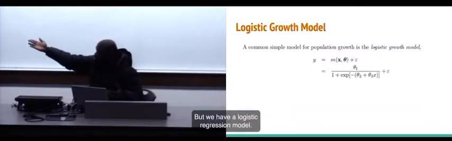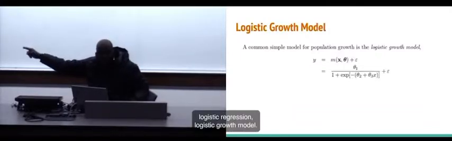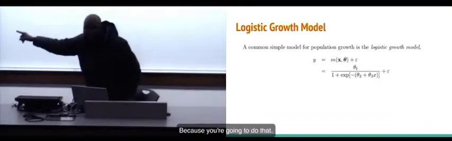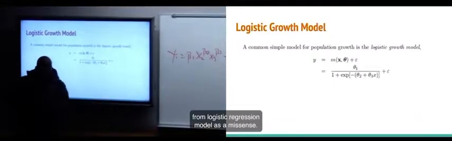You could use an exponential model, but its disadvantage is that it will go out of bounds. So we have the logistic growth model. Sorry, this is different from logistic regression, because we're going to do the logistic regression model next week.